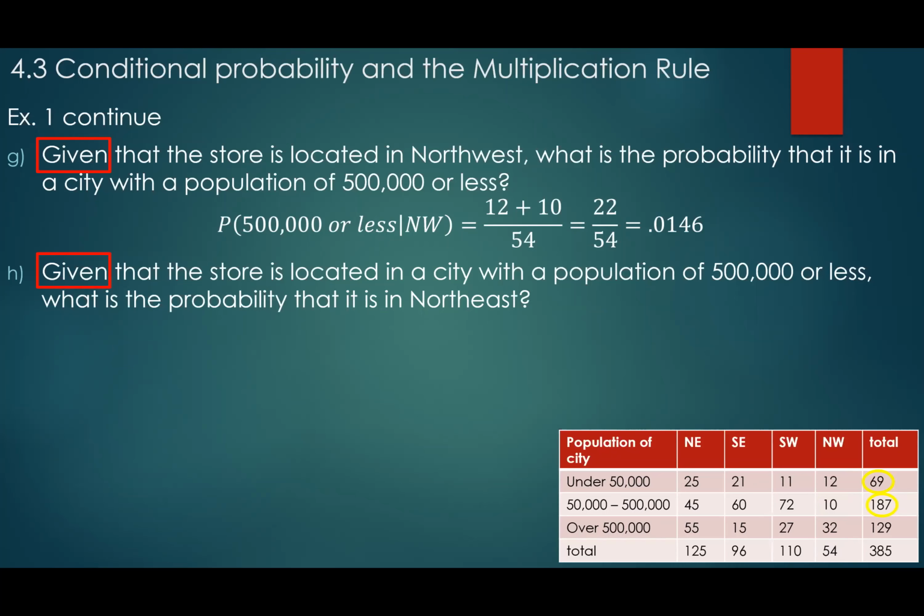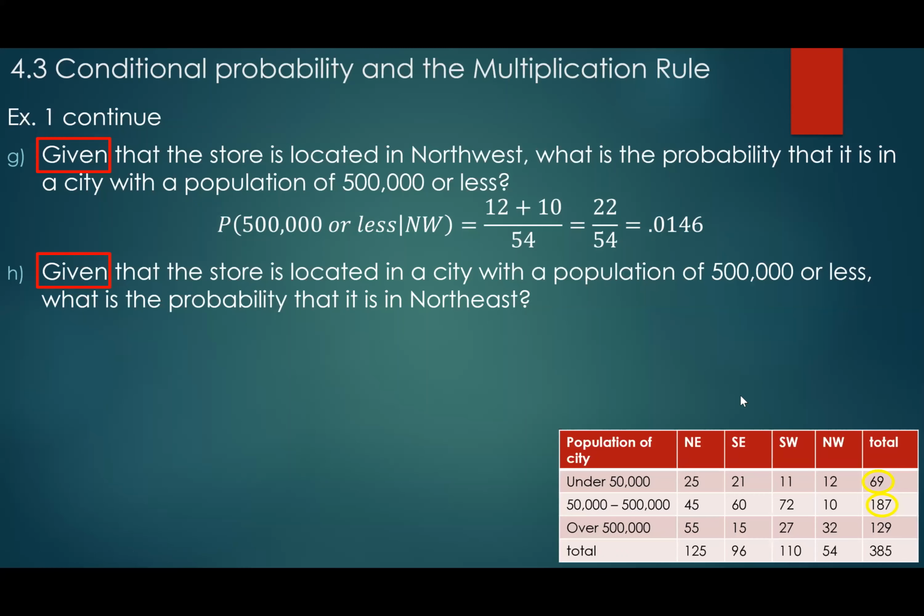So hopefully you say, wait, they changed it up, and they say the store is located in the city with a population of 500,000 or less. Do you agree that these two items are 500,000 or less? Those two numbers are your new denominator, ladies and gentlemen.